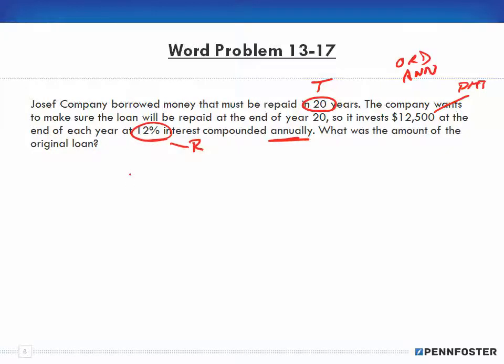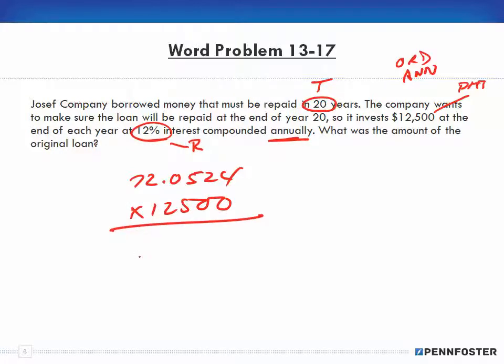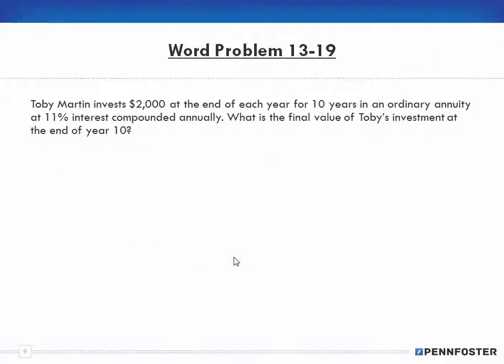We multiply that by $12,500. 72.0524 times 12.5, we end up with 900,655 even. Simple as that. Easy. No more complicated. Right, next problem.